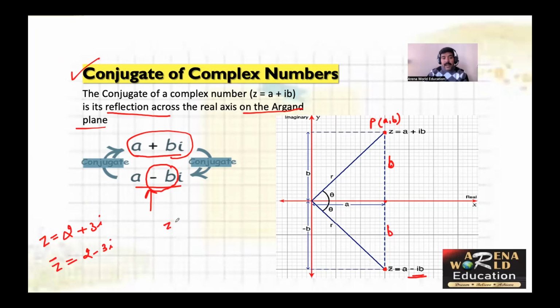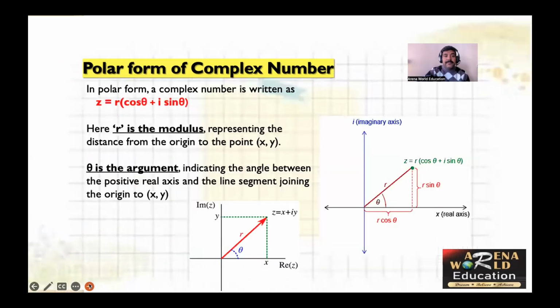If we are having z is equal to 3 minus 4 iota, then the conjugate of z will be what? The real part will be as it is, and the imaginary part is -4, so this will be +4 iota. Right? This is very simple. Let us move to next slide.